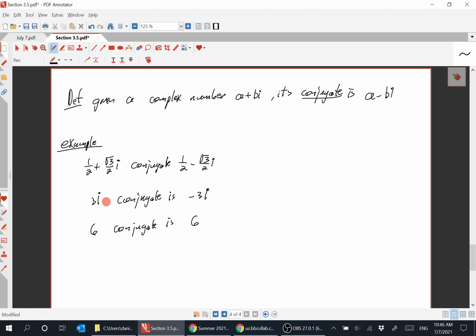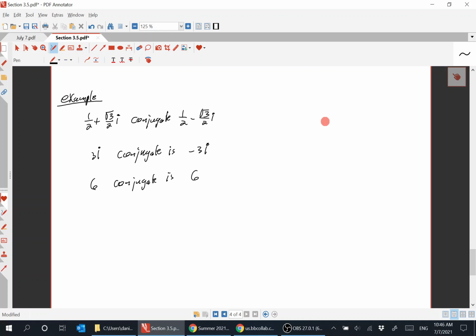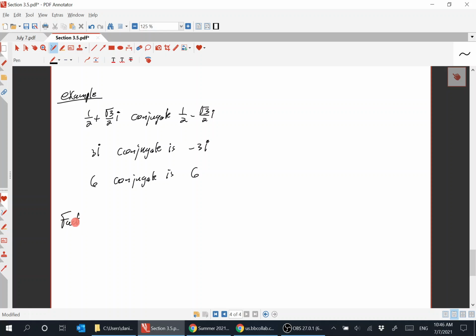If you want to conjugate a purely imaginary number without the real term, it's just negation. And if you've got both terms, real plus imaginary, then you just negate the imaginary bit, leave the real bit alone. And the fact is that for any polynomial with real coefficients, complex roots come in conjugate pairs.